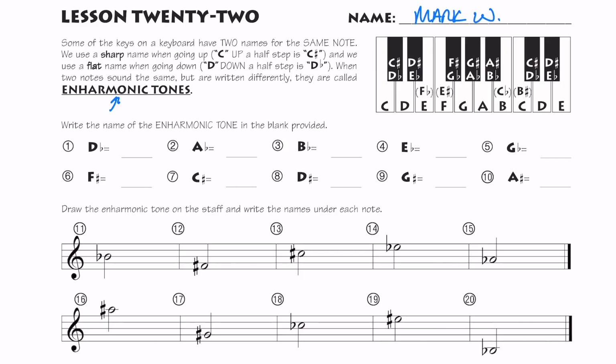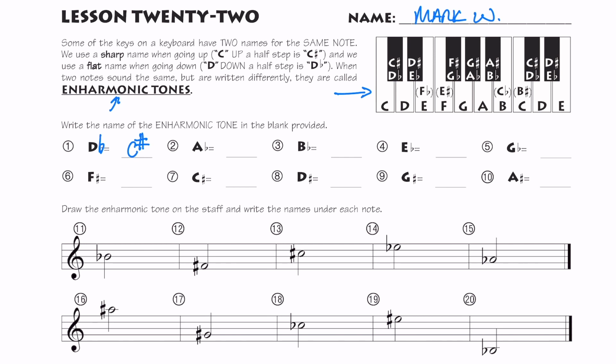So all we're going to do here in number 1 through 10 is name the enharmonic tone. Now you're lucky because I have this keyboard here for you to refer to, but if you're really smart, you don't need to refer to it at all. All you have to remember is a D flat. Here's a flat. D flat is the same as C sharp. So if it's a flat, I'm thinking of the letter name down, but a sharp.